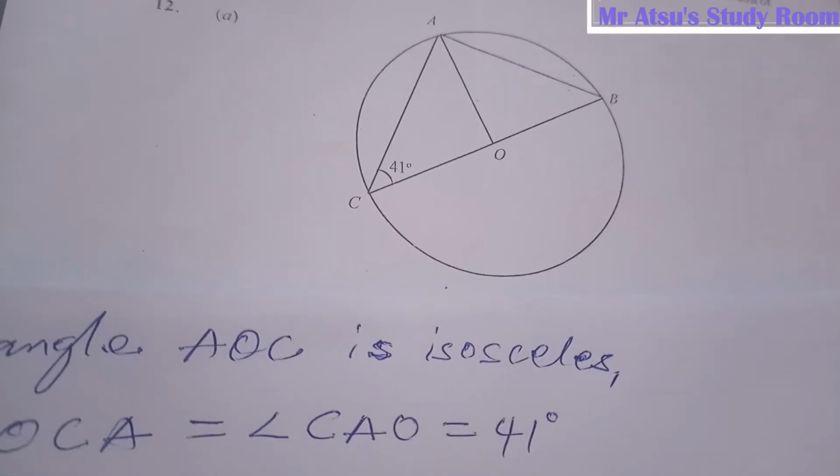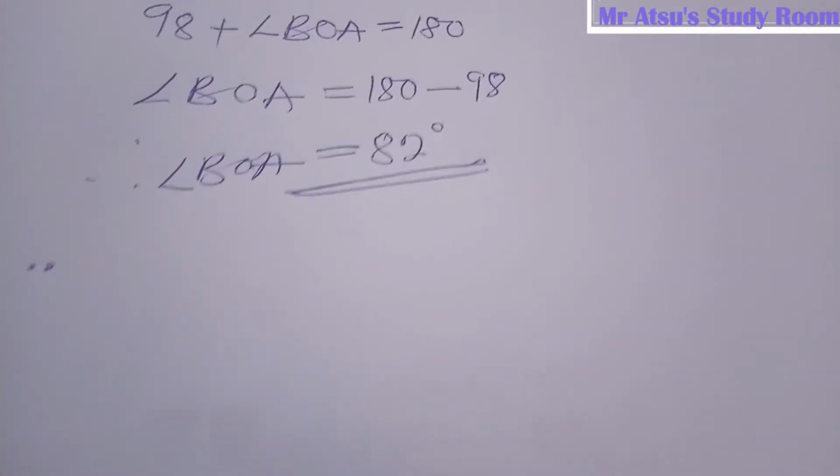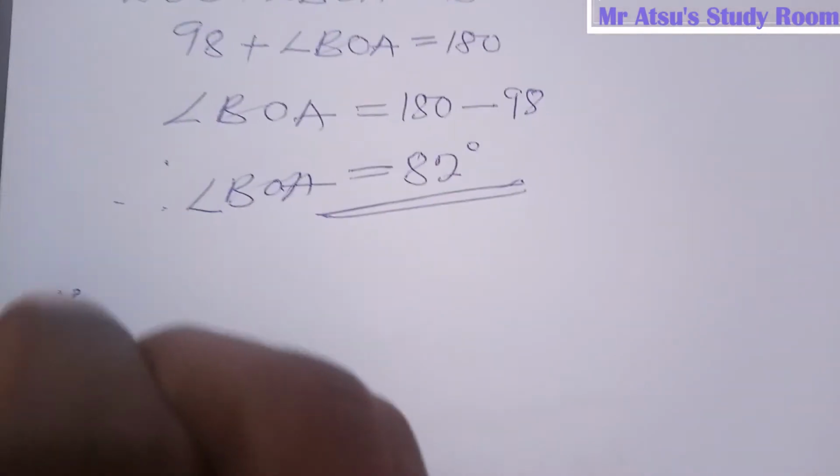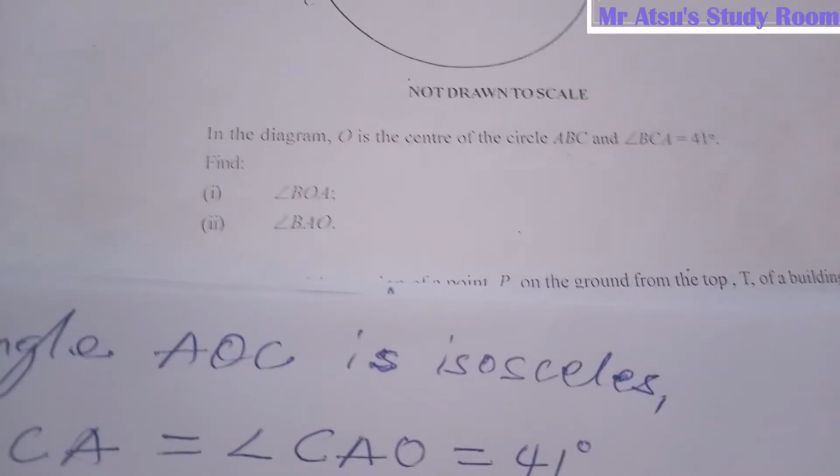Let's go to question 2. The second question, II. So II is asking us to find angle BAO.